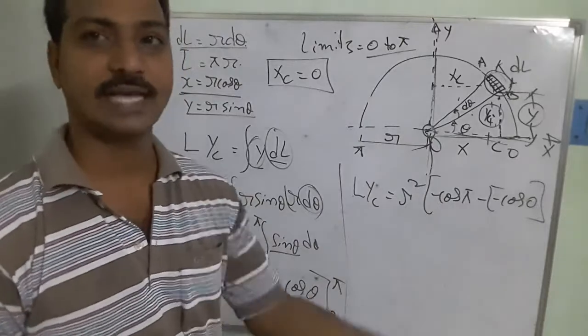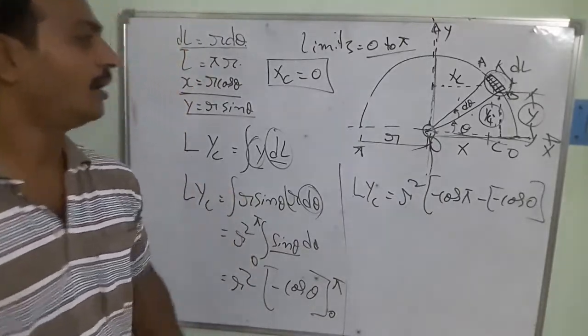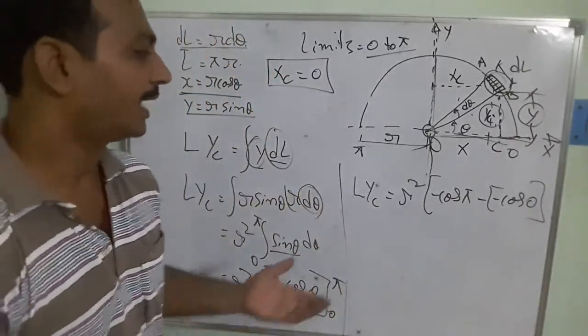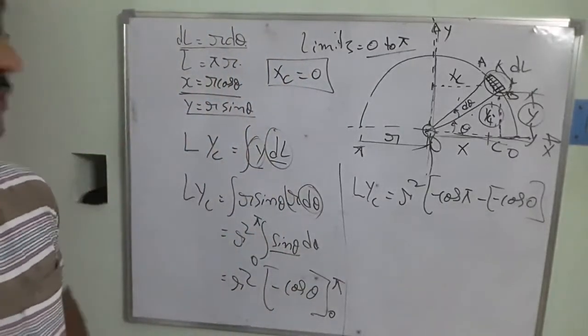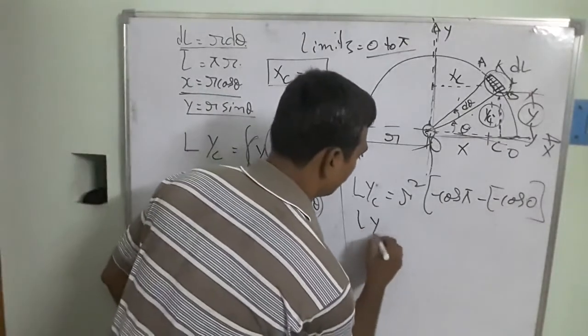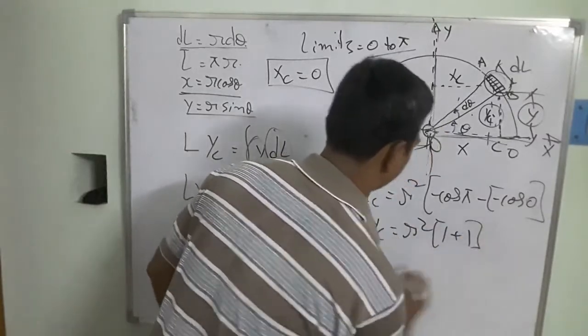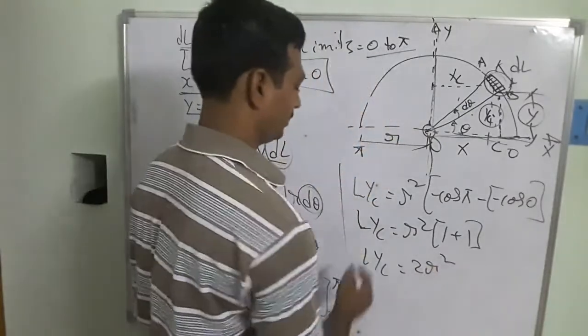So that means in the second quadrant, the sign is going to be positive. Then cos 0 is equal to 1. So from this one, we are calculating the cos pi and this one. So L yc is equal to r square times 1 plus 1. Then L yc is equal to 2r square, I got it.